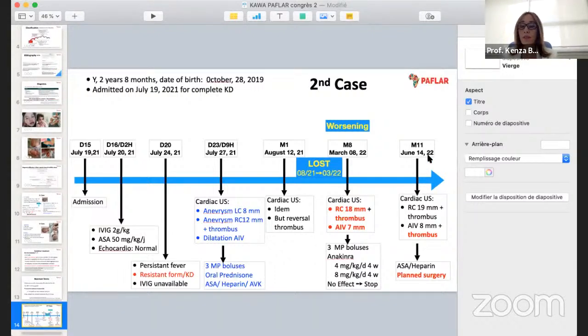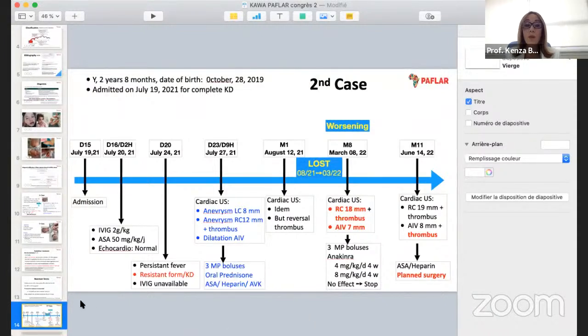En juin 2022, à la dernière échographie, nous assistons encore à une aggravation de l'atteinte cardiaque avec apparition d'un nouveau thrombus. Et là, nous avons présenté ce patient aux chirurgiens cardiovasculaires qui ont indiqué un traitement chirurgical parce que cet enfant a un risque de rupture d'anévrisme qui le guette à tout moment avec risque de mort subite.